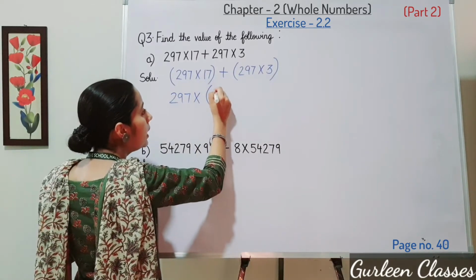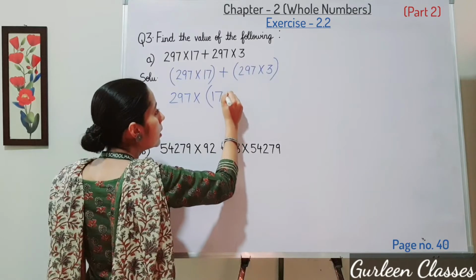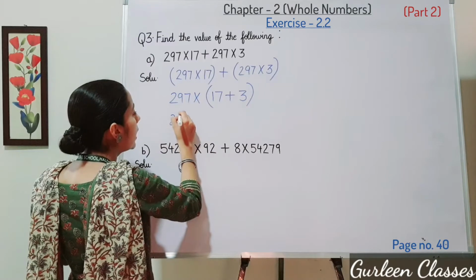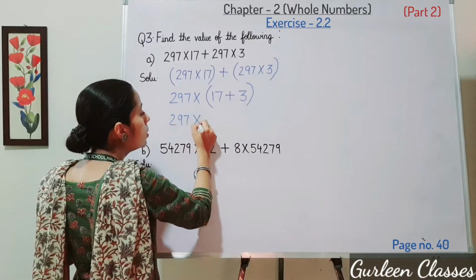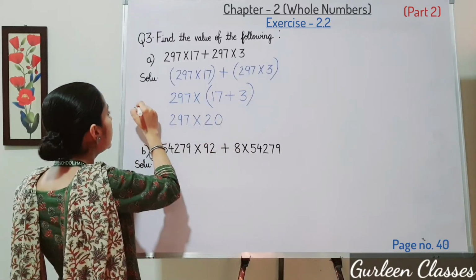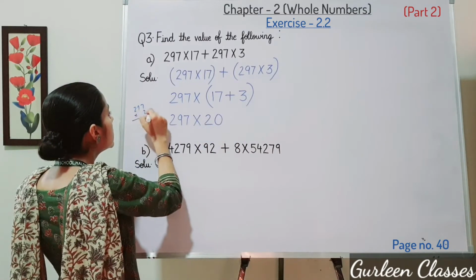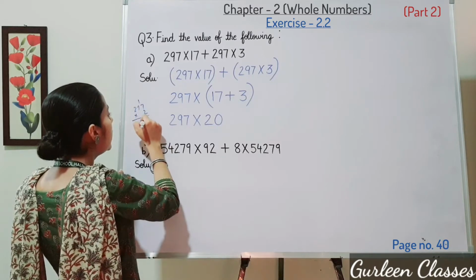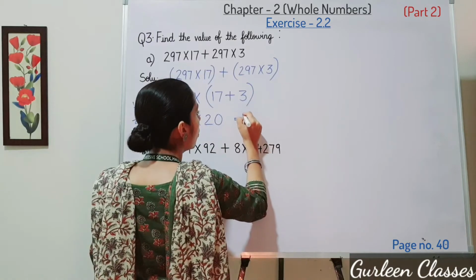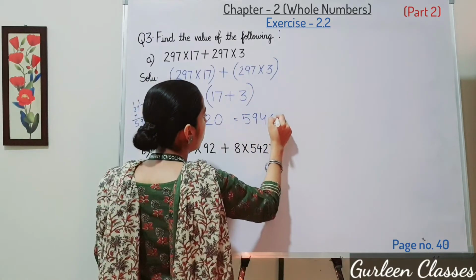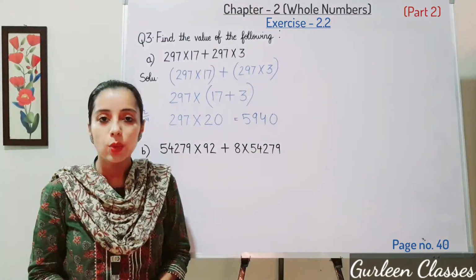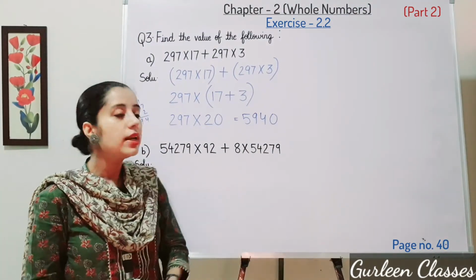Here we have 17, then plus sign, then 3. So write here 297 into 17 plus 3, that is 20. So multiply 297 into 2. 7 twos are 14, 9 twos are 18, 19, 2 twos are 4 and 5. So it is coming 5940.